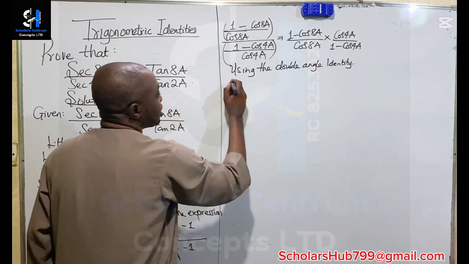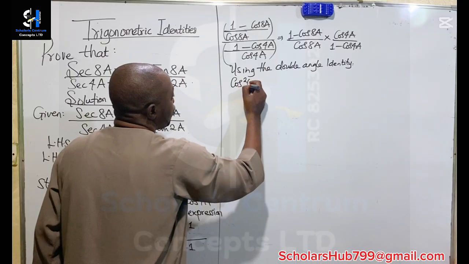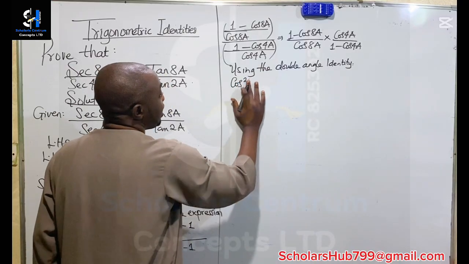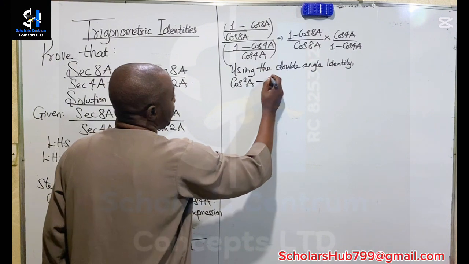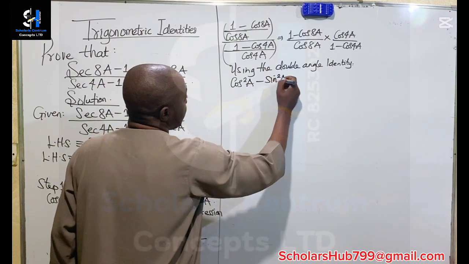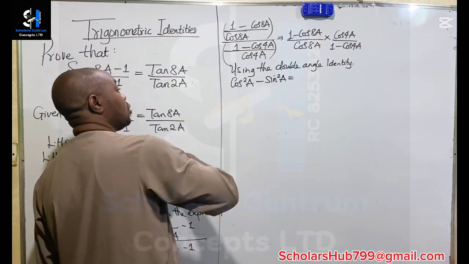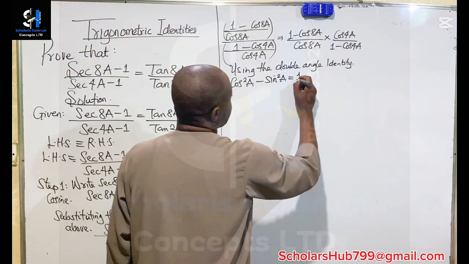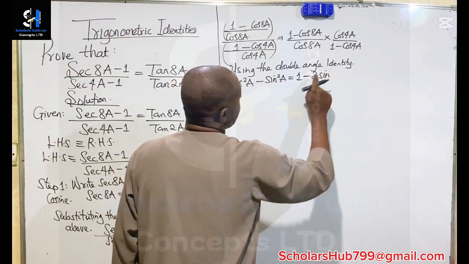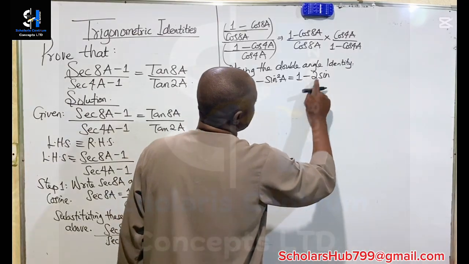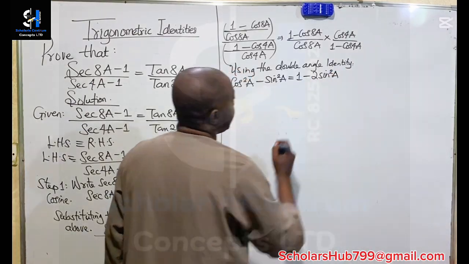We know that cos square a minus sine square a is equal to cos 2a. That is the same thing as 1 minus 2 sine square a.